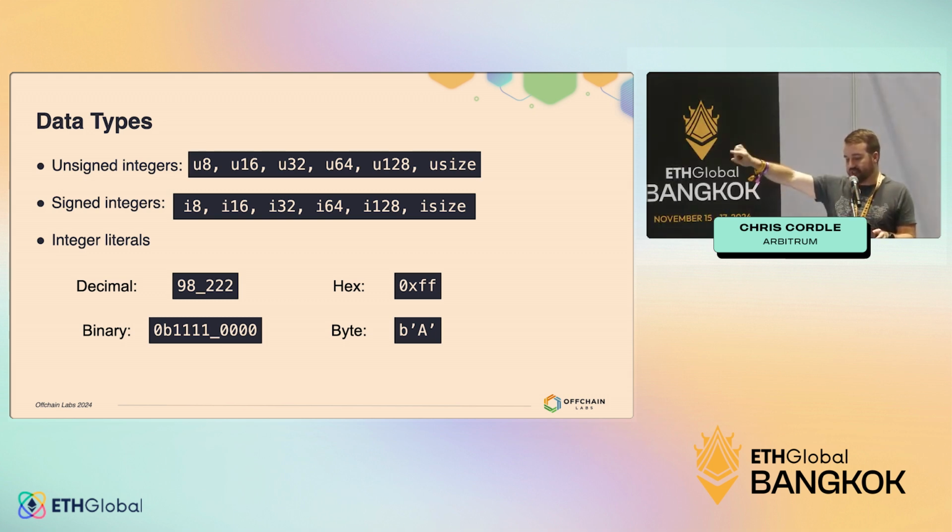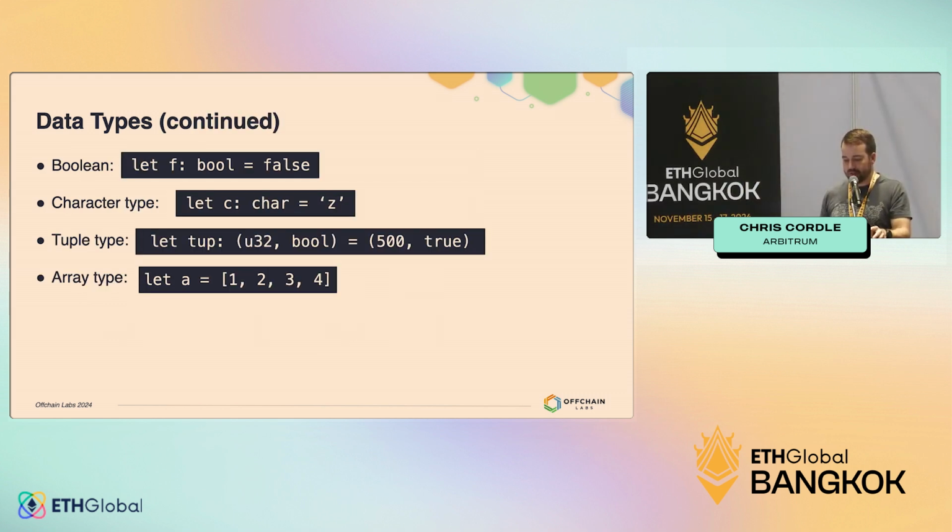But these lowercase u types are the native Rust types. So sometimes when you're working with the SDK, you'll need to convert from native Rust to Solidity types. But I'll get into that later in the demo. These are just the native Rust types that you have access to.